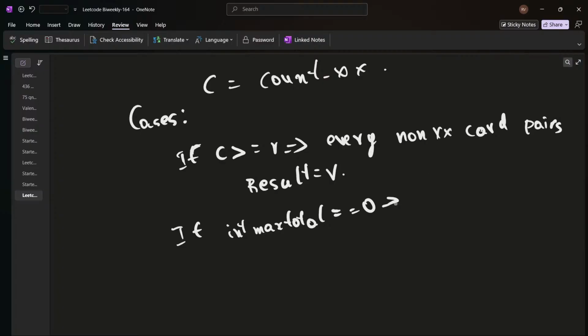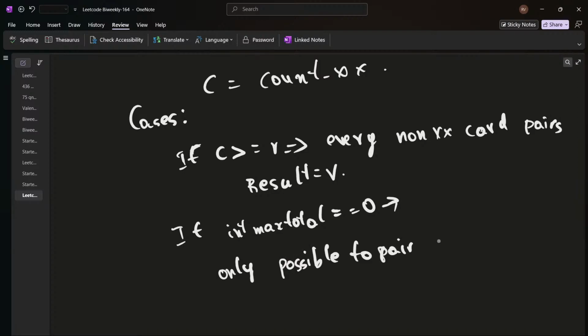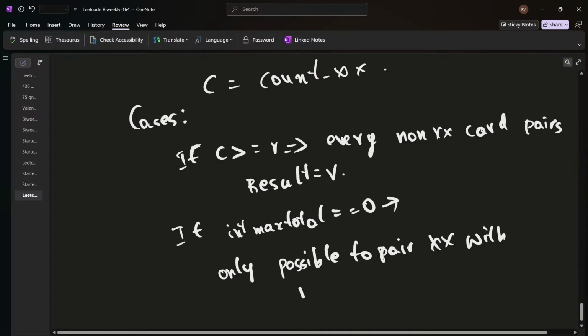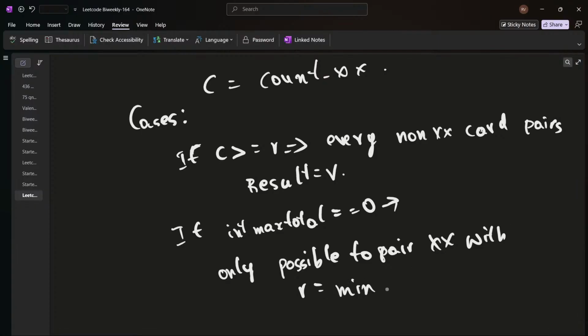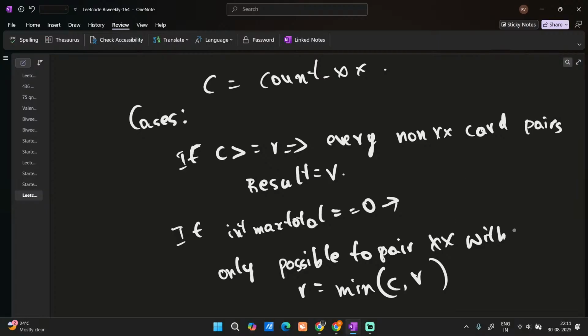The only possible pair is to pair XX with non-XX cards, so result is the minimum of C comma R. Done.